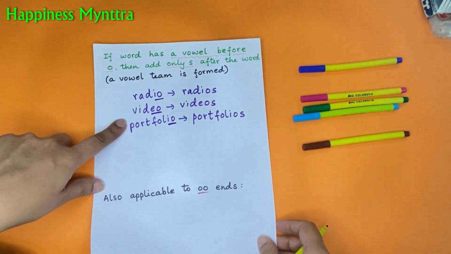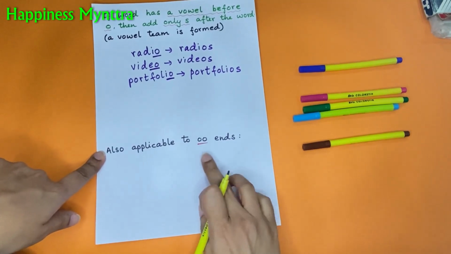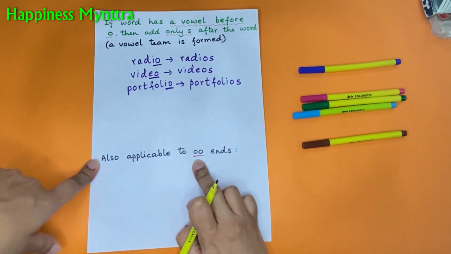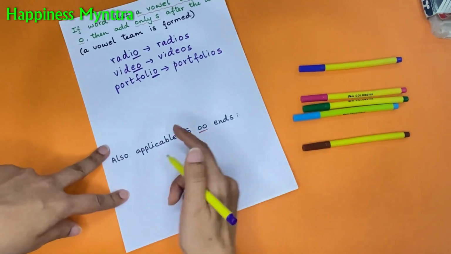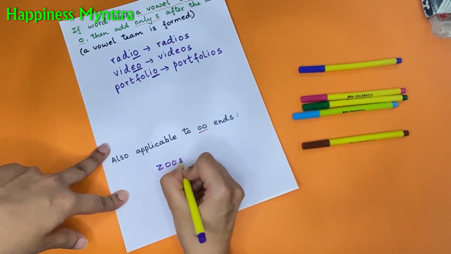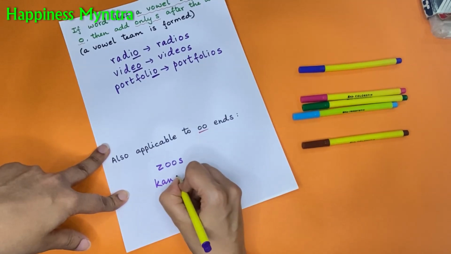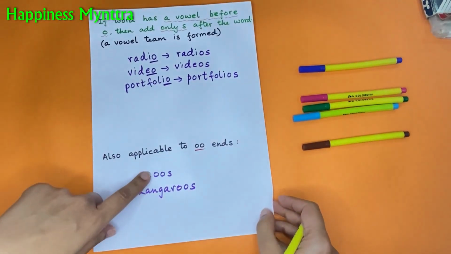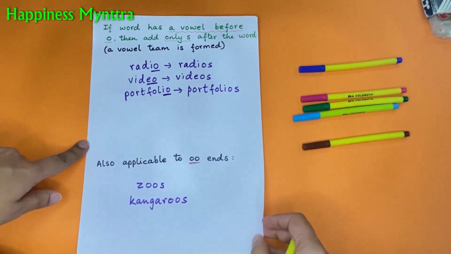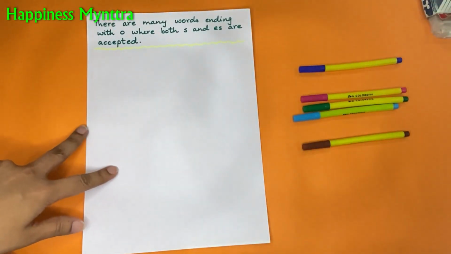Portfolios, like that. And obviously, double O is also a vowel team, so it is applicable to words with double O as well. So we write zoos, we write kangaroos, again with a single s, not es.